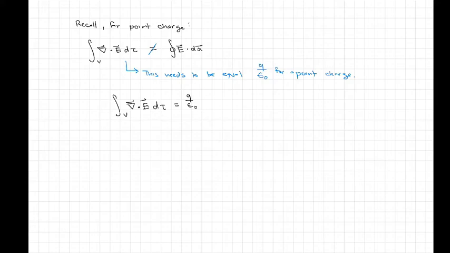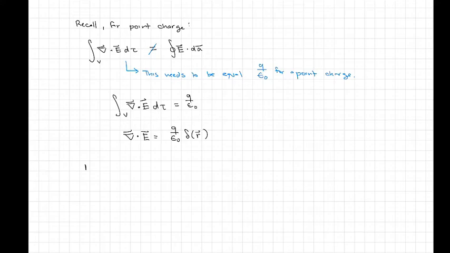So I can just say, fine, if that has to be true, let's just let the divergence of this field be equal to Q over epsilon naught times the three-dimensional Dirac delta function that depends on R, which is the coordinates x, y, z.